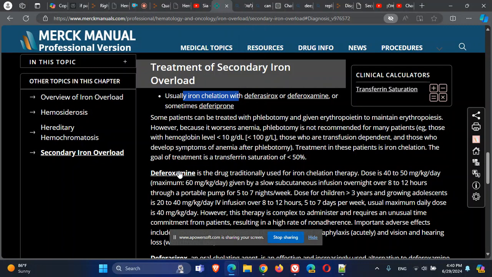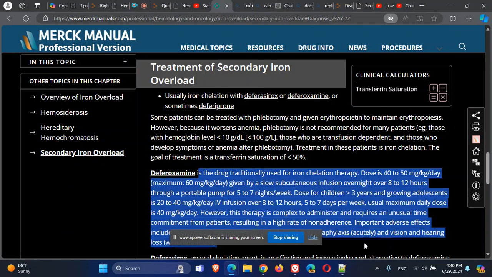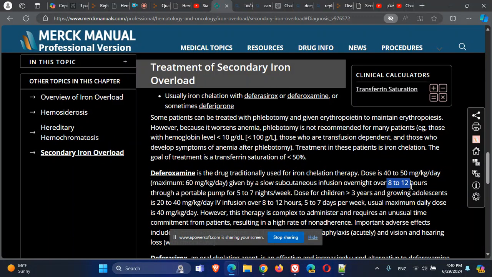Now, deferoxamine is an iron chelation drug which is a little bit problematic because it is very hard to use. You need to give it subcutaneously, injected slowly overnight for 8 to 12 hours a day, 5 to 7 nights a week. It's very complicated.